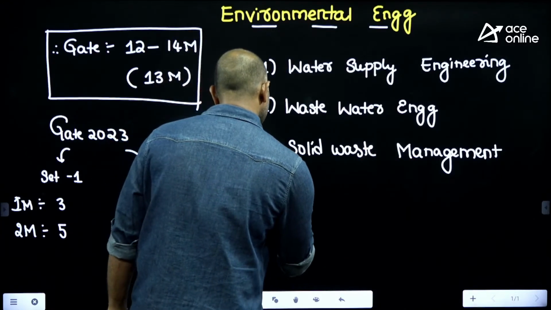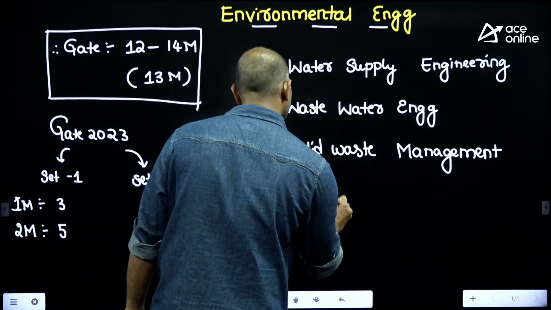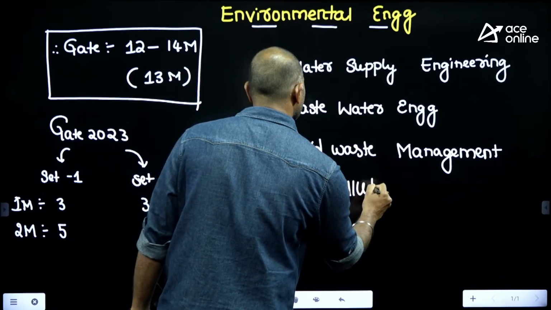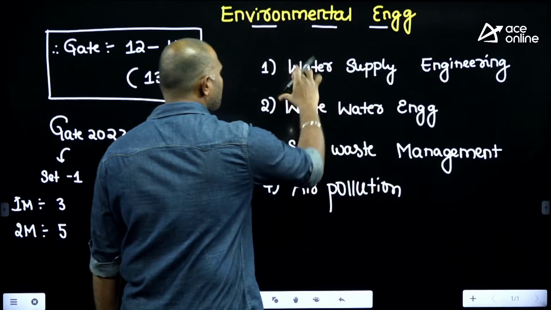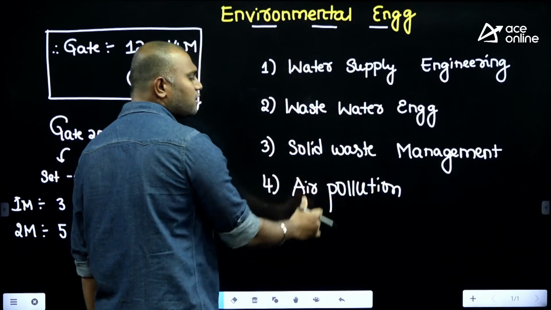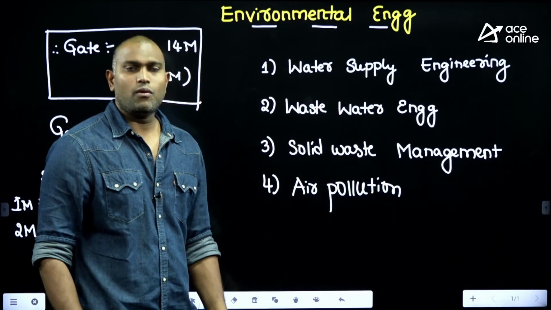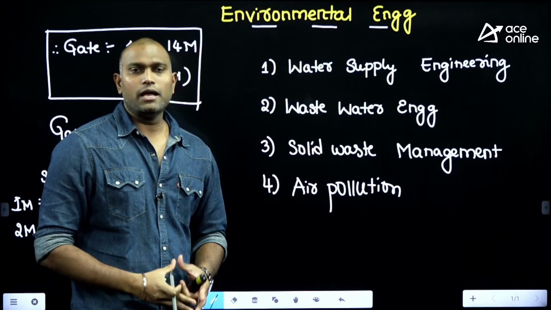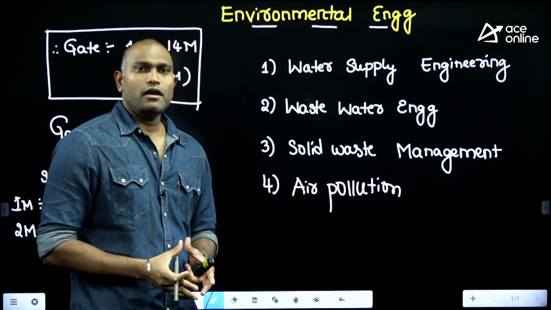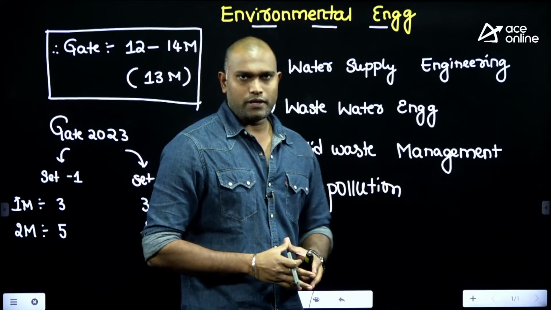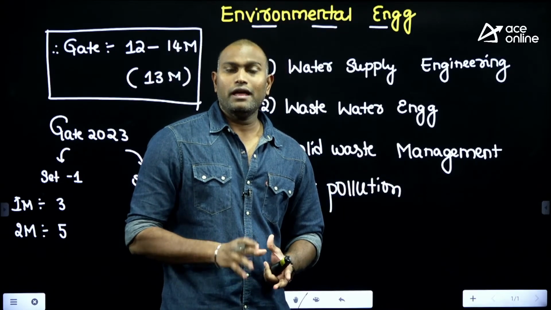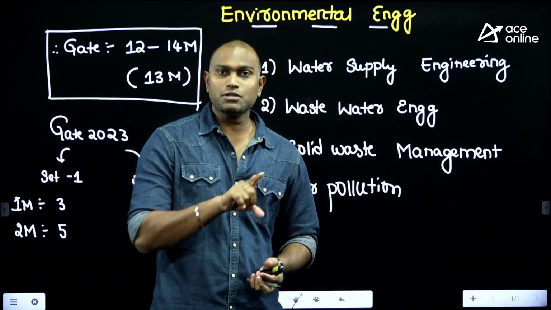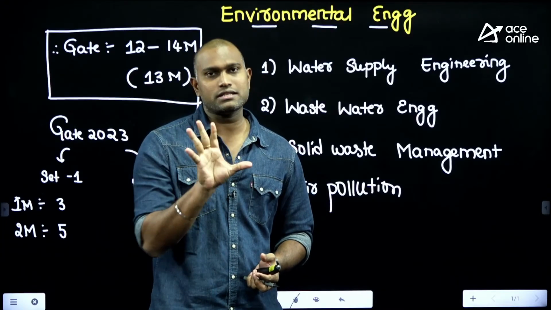And the fourth one is air pollution. So water is divided into two portions, and the second one is solid waste, then air pollution. What are the different types of air pollutants that we are releasing into the atmosphere? First of all, the atmosphere is a thin layer over the earth's surface.